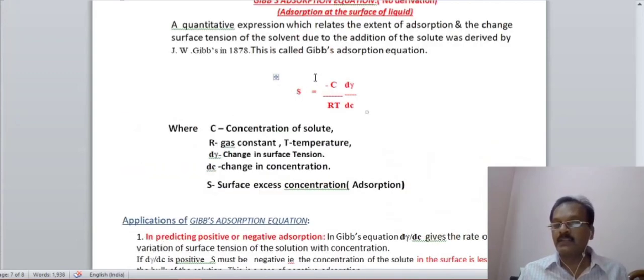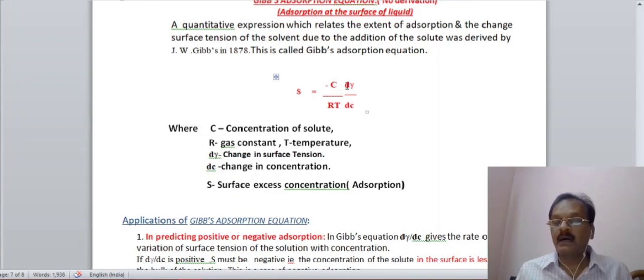Look at this equation. If d gamma upon dc is negative, then minus into minus is plus, so S is positive. That indicates a positive adsorption is expected to be observed in the solution.